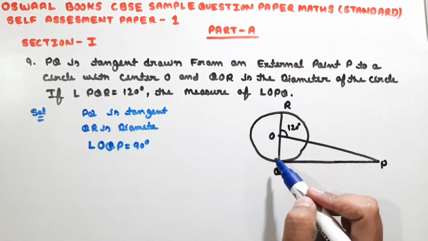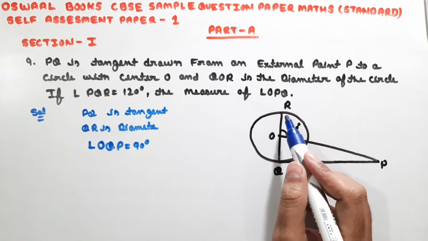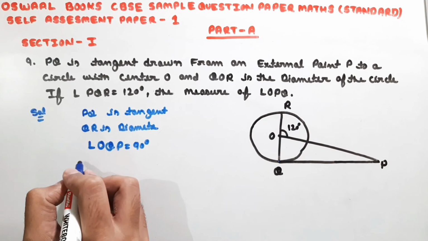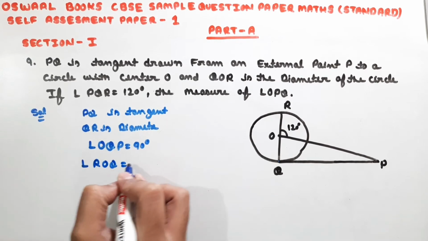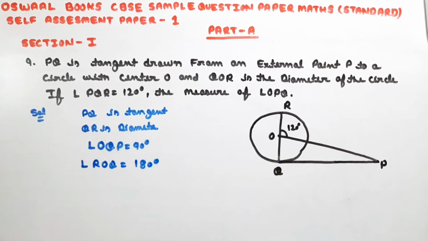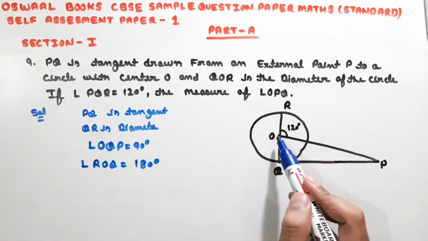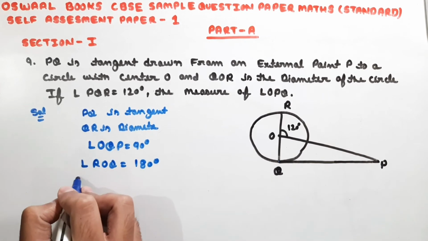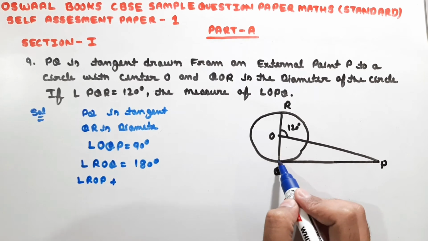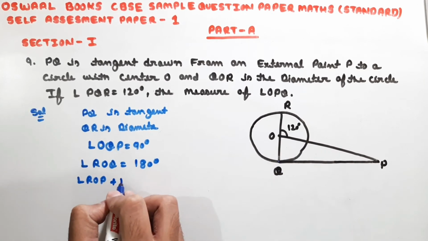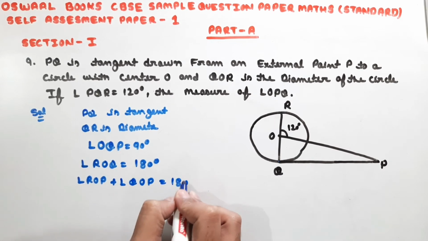ROQ is a diameter, so the angle ROQ will be 180 degrees. Angle ROQ is equal to angle ROP plus angle QOP, that is equal to 180 degrees.